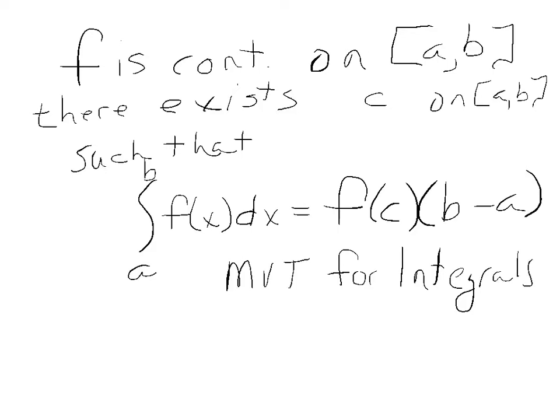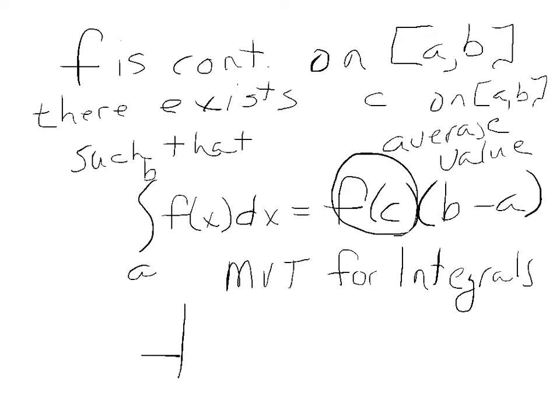F of c here is called the average value. If we think about this geometrically, let's say that we had some kind of function here, maybe it looks like this, and we're going from a to b.